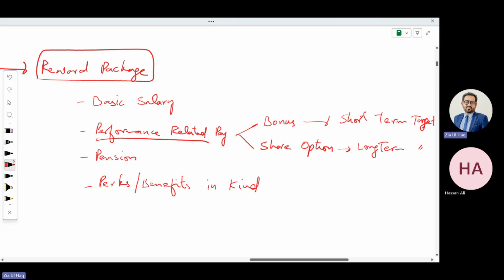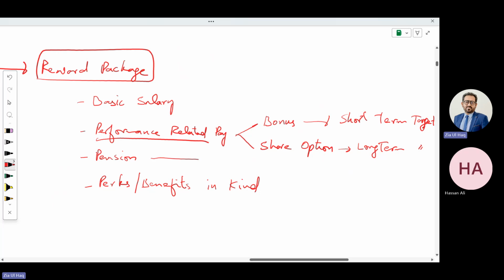It could relate to sales, profit, controlling cost, or increasing the share price of the company. If they meet that performance target, they will get the bonus or share option. Otherwise, there will be no performance pay. They will get only basic pay.